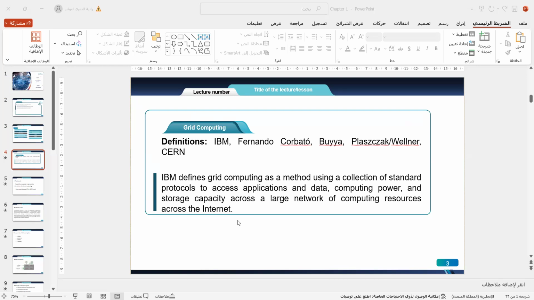Well, grid computing, in fact, is a distributed architecture that uses a group of computers to combine resources and work together. Also, grid computing is defined as a distributed architecture of multiple computers connected by networks that work together to accomplish a joint task.